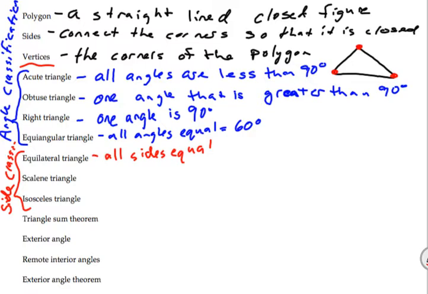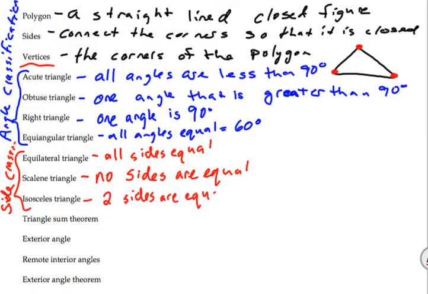You don't have to set all three equal to each other. Scalene is when no sides are equal. And isosceles is when two sides are equal. So really, you can just fill in the bubble and pick out what it means. You can do two at a time as well.